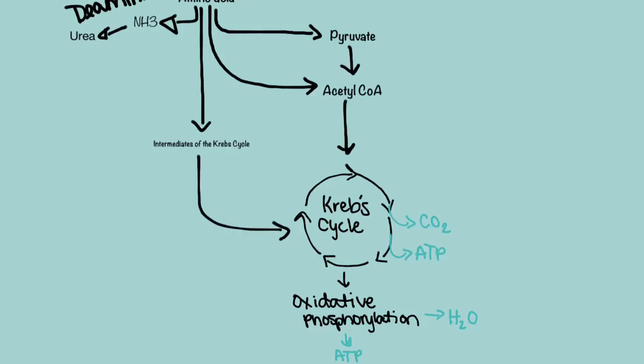If there is an excess, then pyruvate is used to make glucose and stored as glycogen in the liver. And acetyl-CoA will be used to make fatty acids that will be stored as triglycerides in adipose tissue.